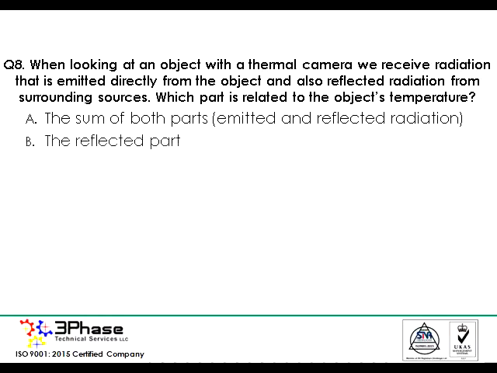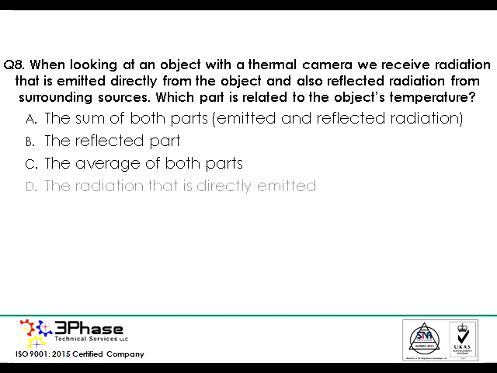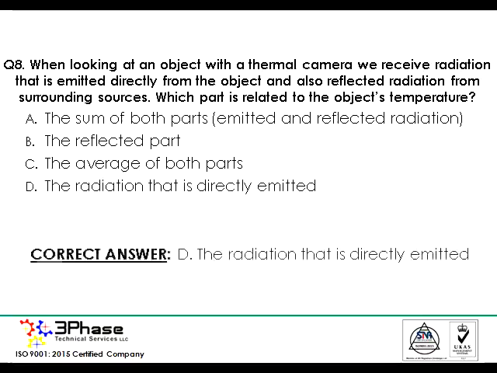B. The reflected part. C. The average of both parts. D. The radiation that is directly emitted. The correct answer is D. The radiation that is directly emitted.